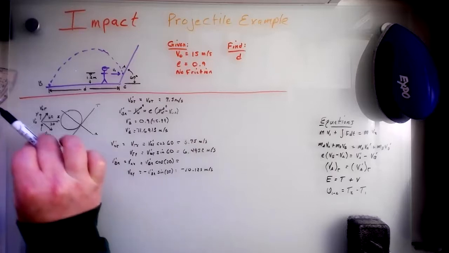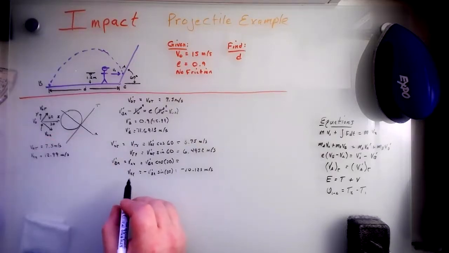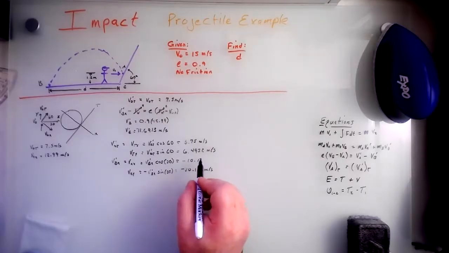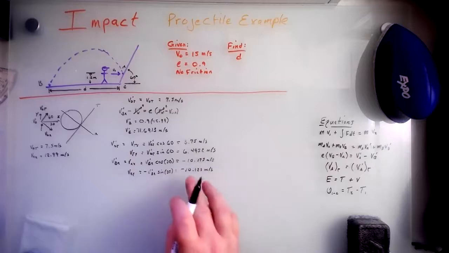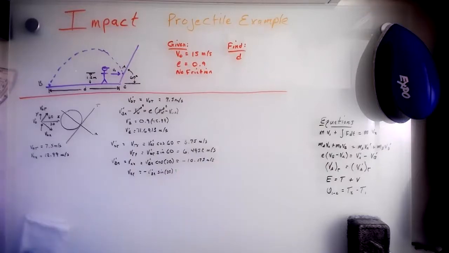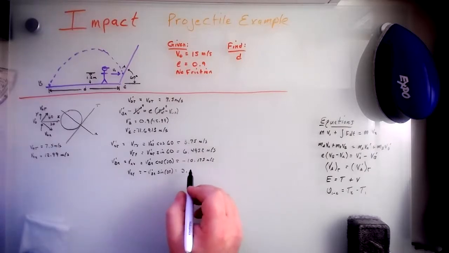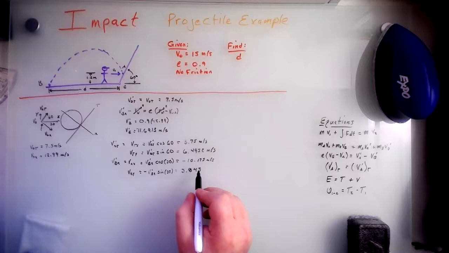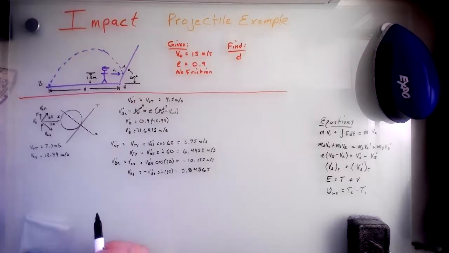Because the n direction is facing this way. Sorry, I wrote that in the wrong place. So minus 10.125 meters per second. And then the sine is going to be 5.84565.